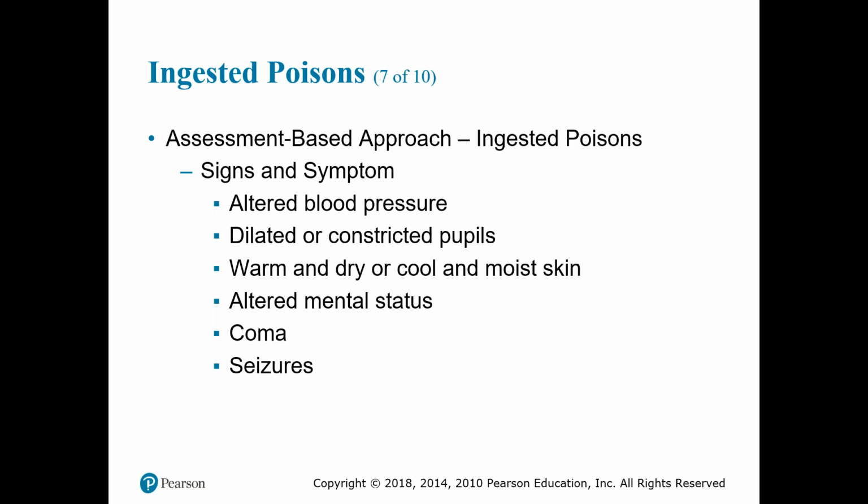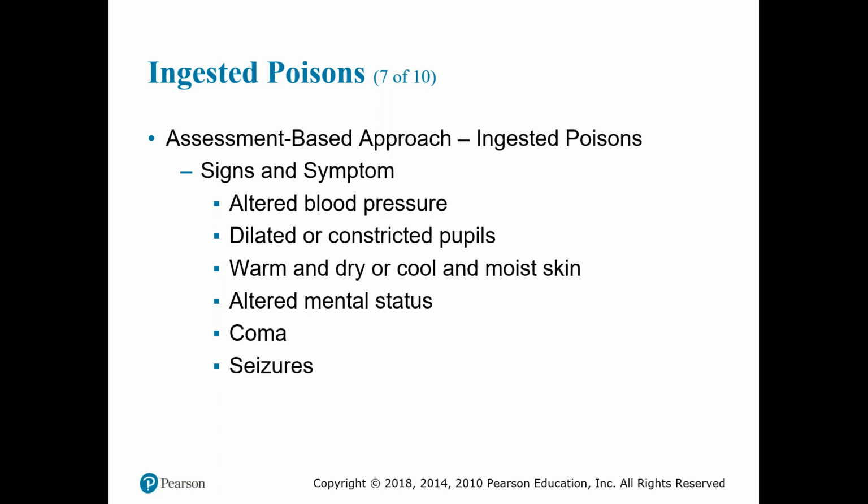So downers, most of the time we're going to see smaller pupils. Uppers, we're going to see dilated pupils. And when I say downers, I'm going to say drugs that decrease the central nervous system. So our opioids, they're pinpoint pupils. They're actually considered a narcotic, but they decrease the central nervous system.